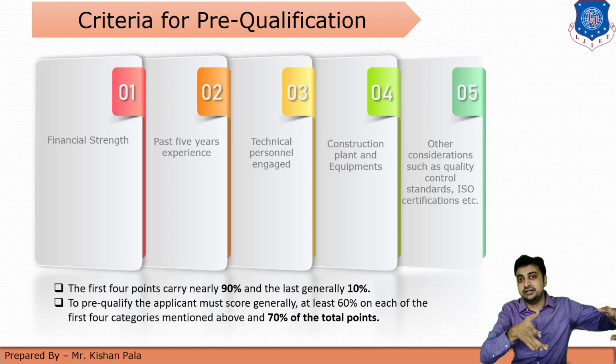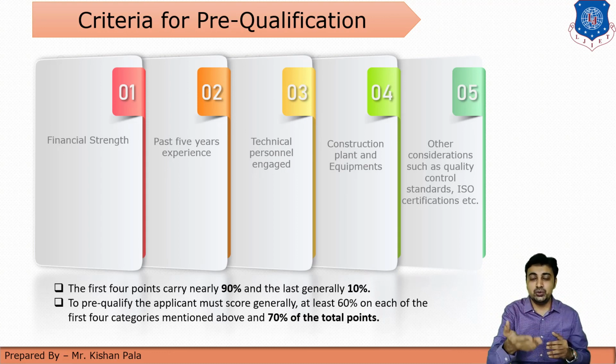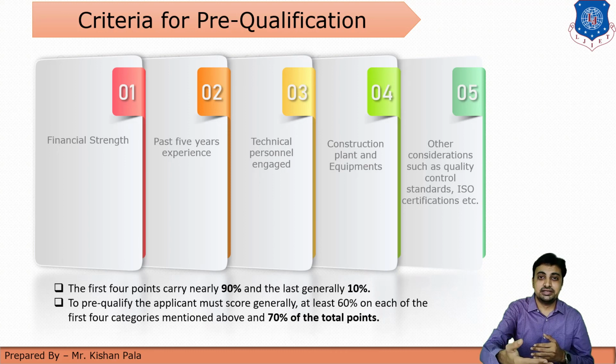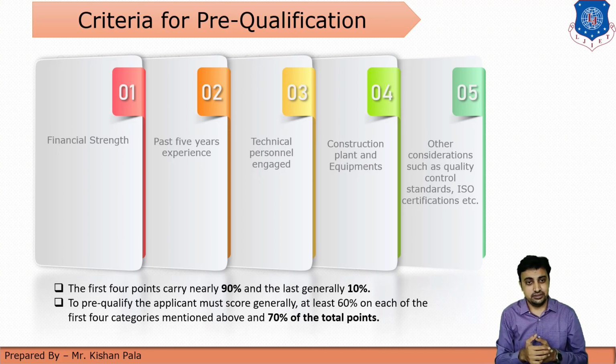Among the 90 percent, contractors have to get approximately 60 percent. It means the contractor has to reach 70 percent of the total. So these are the criteria for the pre-qualifications of the contractor.